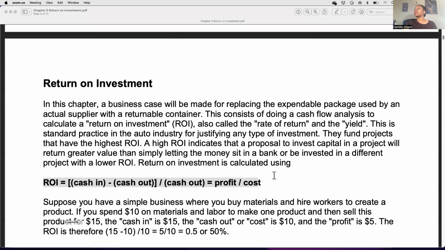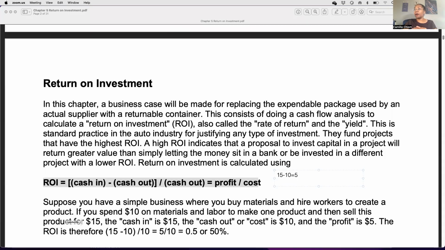Okay, so here you're going to have your cash in, which is 15, minus your cash out, which is what you spend on your labor and materials. That's going to equal 5.